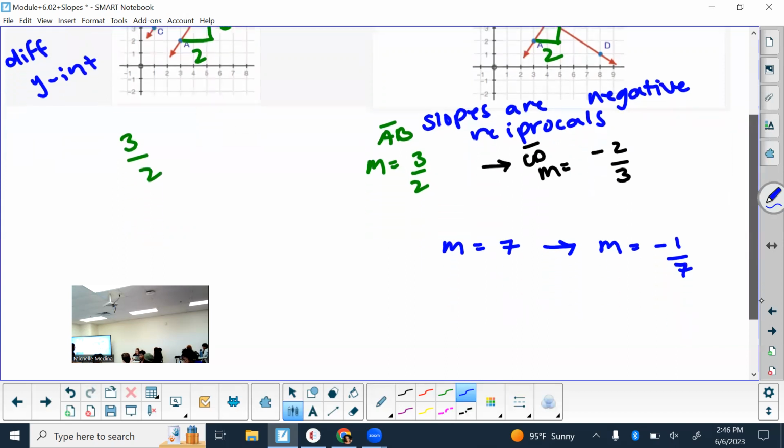All right, so let's see again. What if it's -4? What would be the negative reciprocal of that? Okay, I've not heard the right answer yet. 1/4. So it should always have the opposite sign. If it started out negative, it should become positive and be flipped.